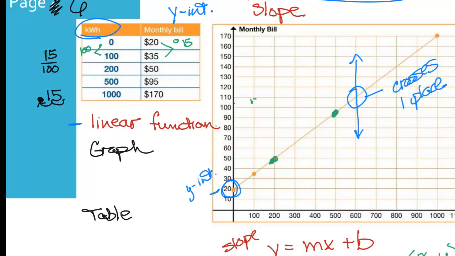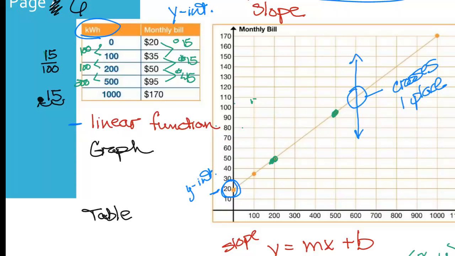Here again, it is $15 over 100. But over here, what's the difference? 50 to 95, that is a difference of how much? $45 over 300.